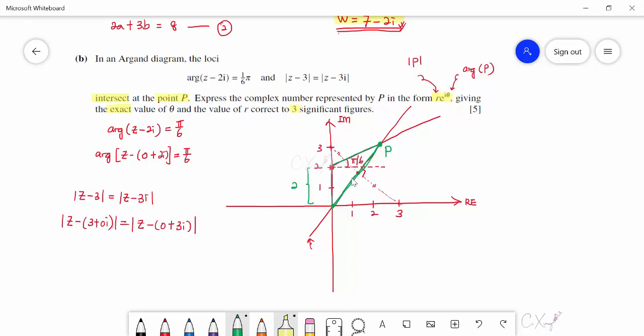Then now let's have a look at this angle here. It will be 90 degrees plus 30 degrees. Pi over 6 is 30, right? So 90 degrees is pi over 2, then plus 30 degrees, which is pi over 6. So this whole angle in green color will be 2 pi over 3.